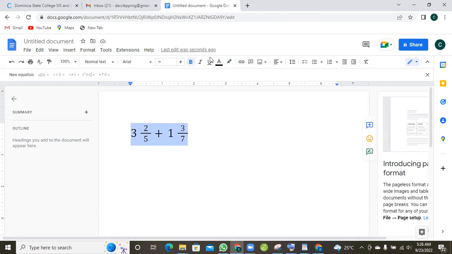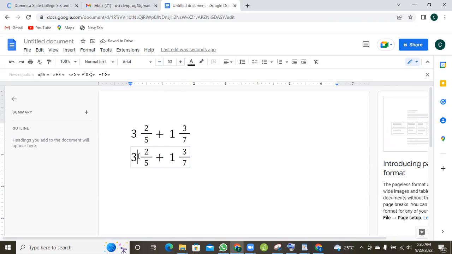That's what you say, 3 and 2/5. So this now can be written as such, 3 and 2/5 plus 1 and 3/7.